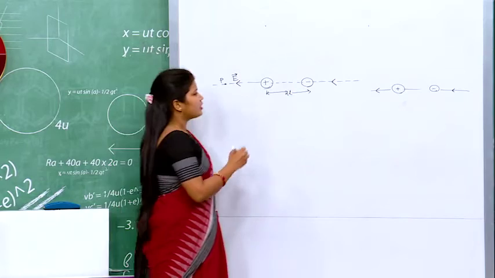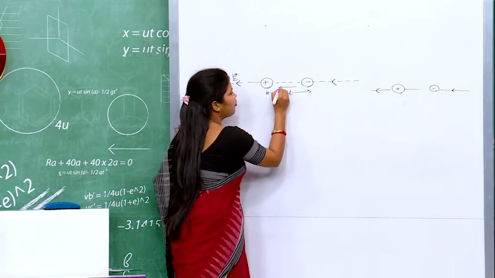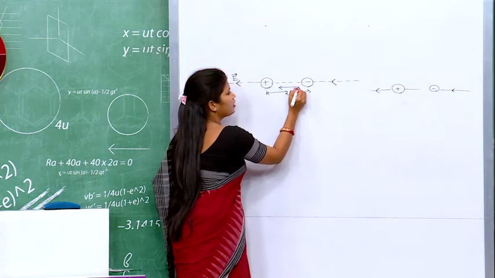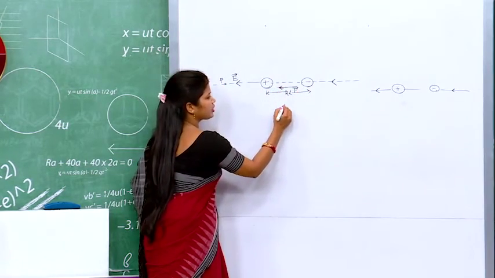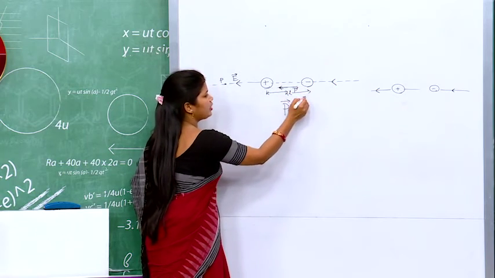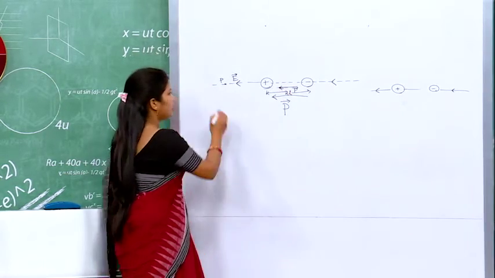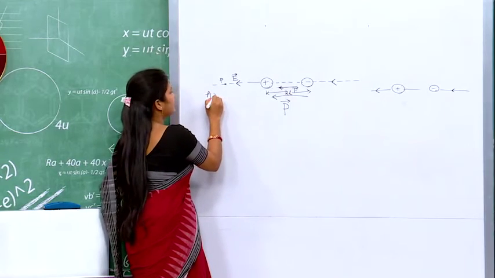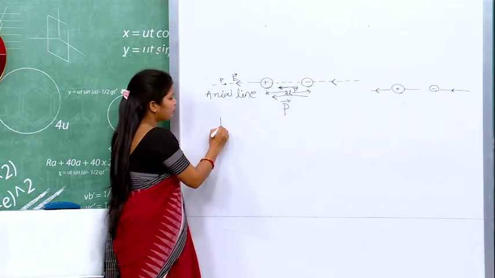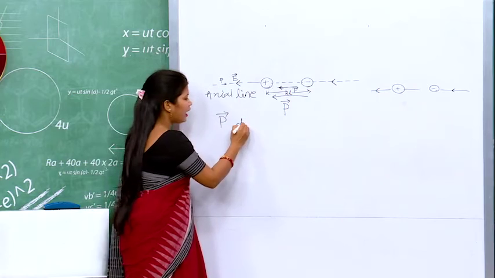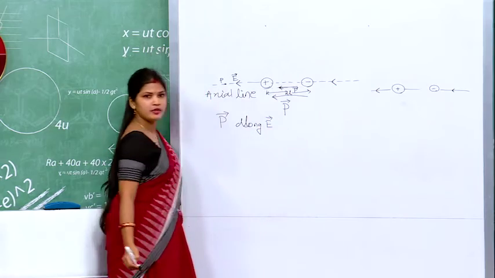And as I discussed, the direction of the dipole moment is from negative to positive. So, you see, on the axial line, the direction of the dipole moment is along the direction of the electric field.